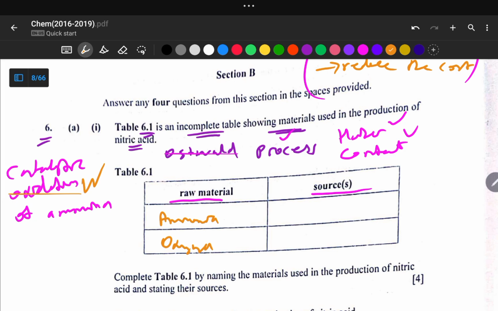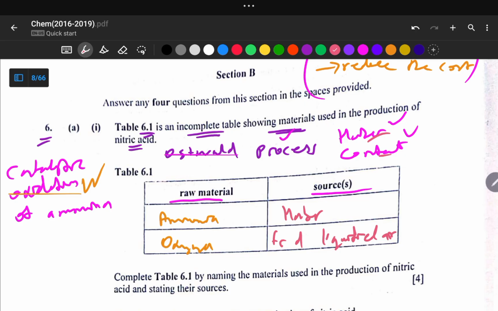For the sources, ammonia is from the Haber process. We are going to have a run through of the Haber process and the Contact process. And oxygen is from the fractional distillation of liquefied air. So this is what you need to understand.